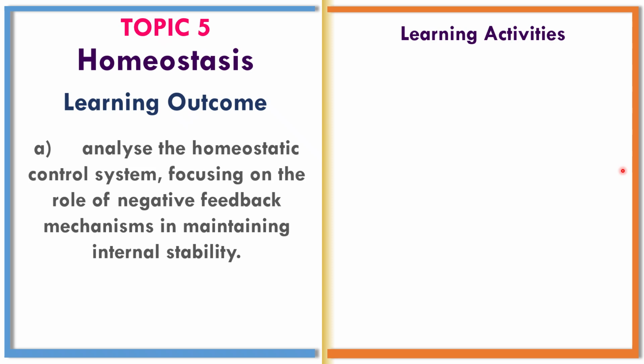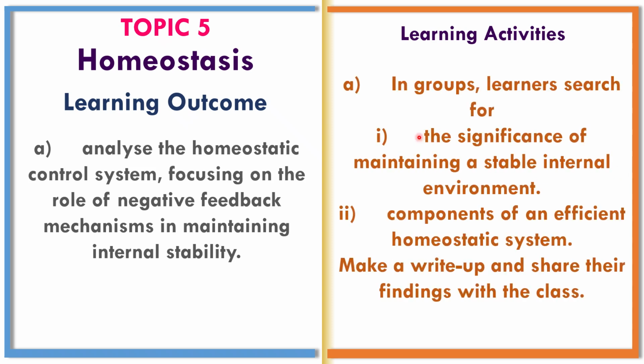We are going to look at learning activity A. In groups, learners search for the significance of maintaining a stable internal environment, components of an efficient homeostatic system. Make a write-up and share their findings with the class.